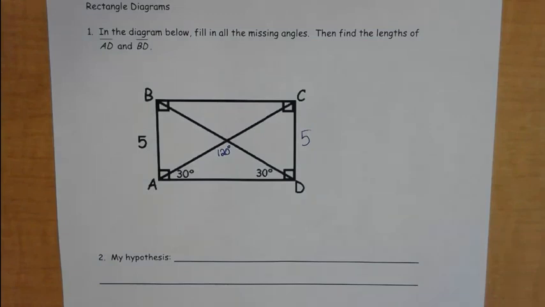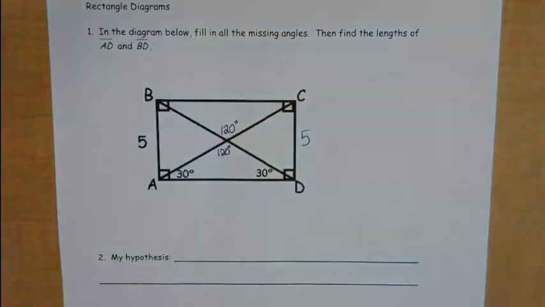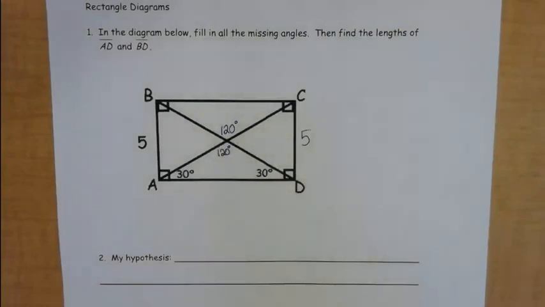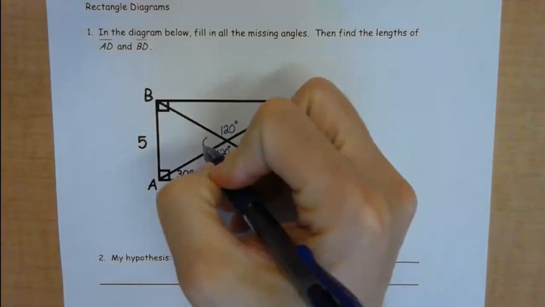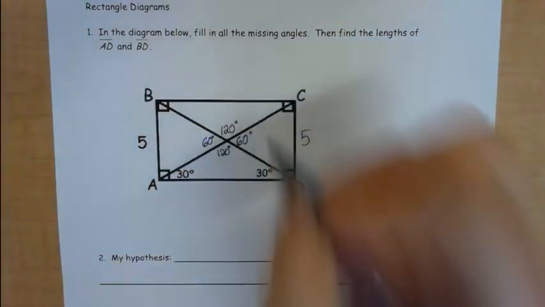And that means that we have another 120 degrees at the top of that angle because those are vertical angles. We can fill in these two angles on the sides because those are supplementary to our 120-degree angle, giving us 60 degrees and 60 degrees right there and there.